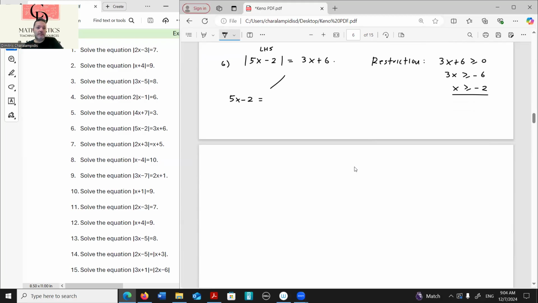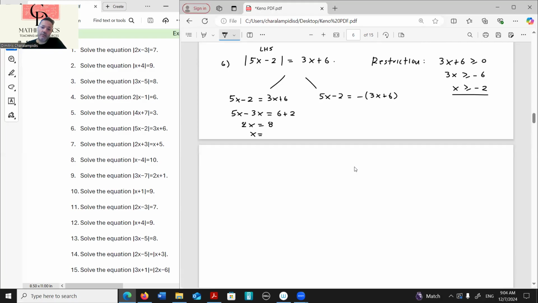5x minus 2, the expression inside the absolute value, should be equal to 3x plus 6, or 5x minus 2 should be equal to the opposite of that. So 5x minus 3x equals 6 plus 2. So 2x equals 8.